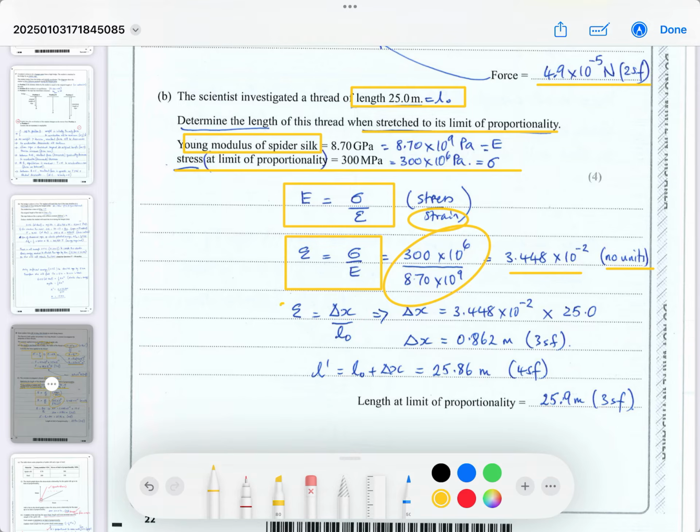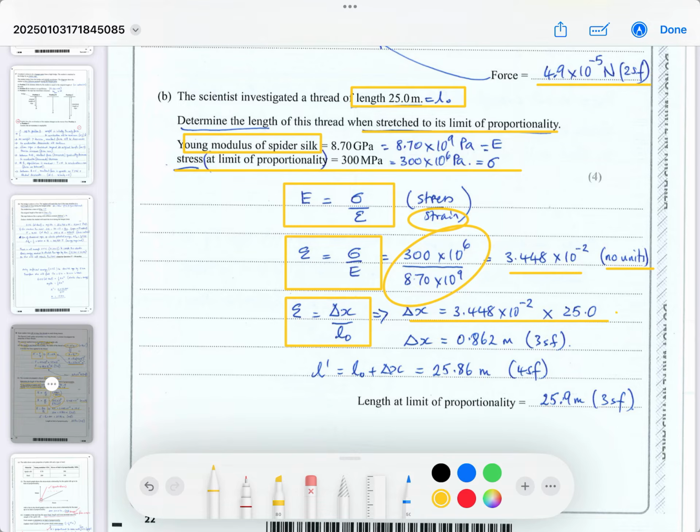So you know that this strain is the extension divided by the original length. We were given the original length as 25 meters, so the extension will be equal to the original length times the strain that we just calculated.